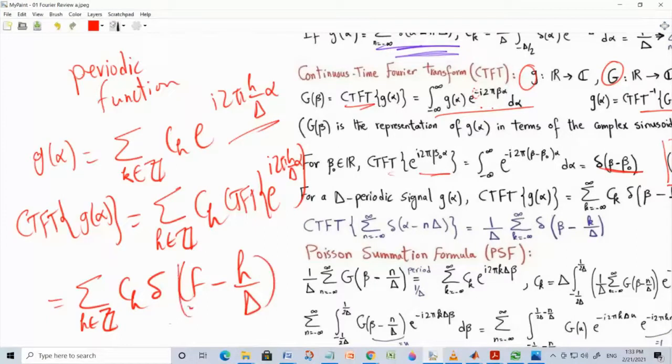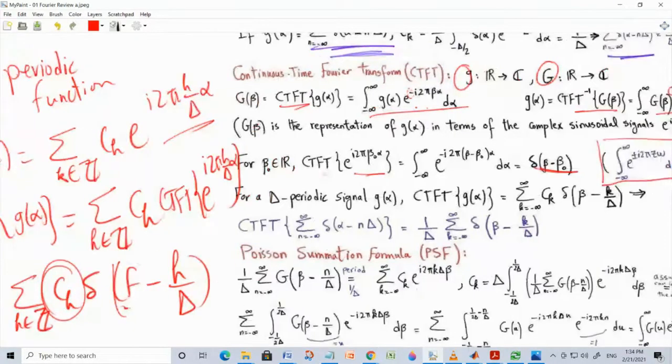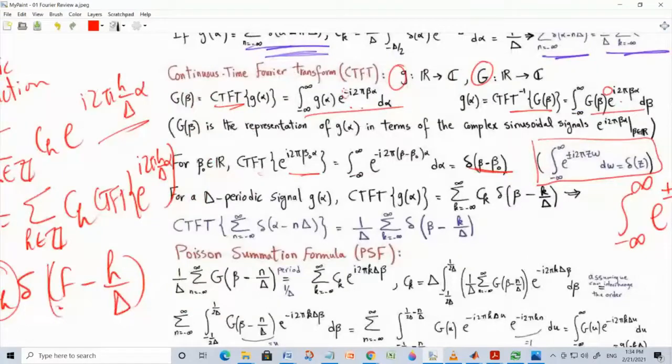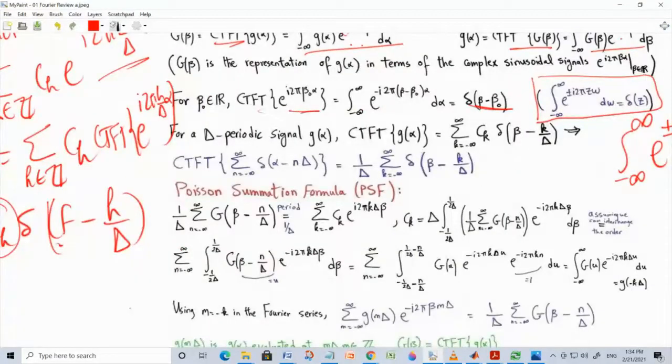So the CTFT of a periodic function is discrete: it is Dirac deltas in the frequency domain. Those Dirac deltas have an amplitude equal to the complex Fourier series coefficient.